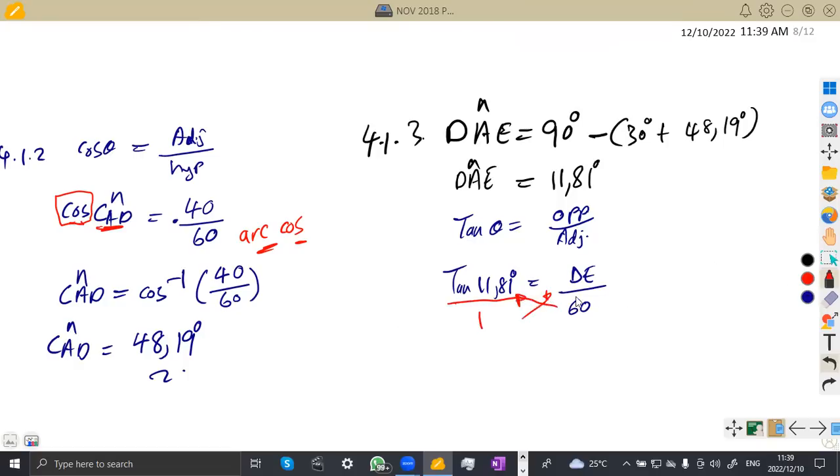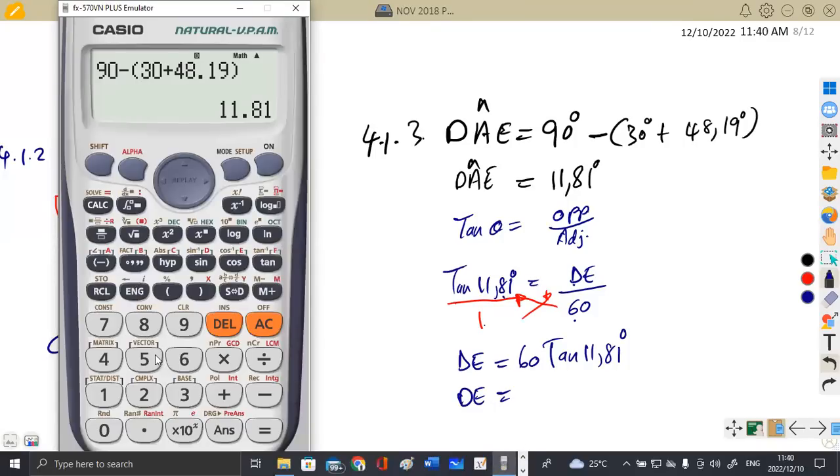So if we cross multiply here, that's 1 times DE, which is DE is equal to 60 times tan 11.81 degrees. Okay, just write tan. All right, so that's our DE. 60 tan 11.81 is 12.545.